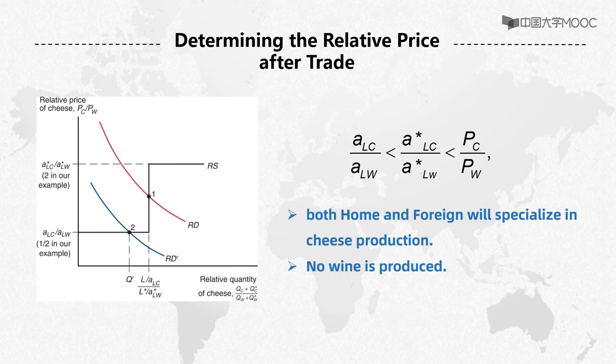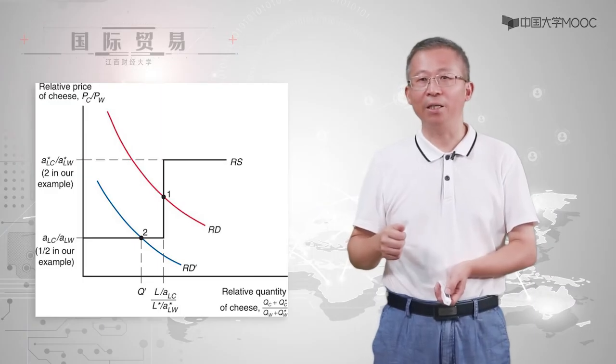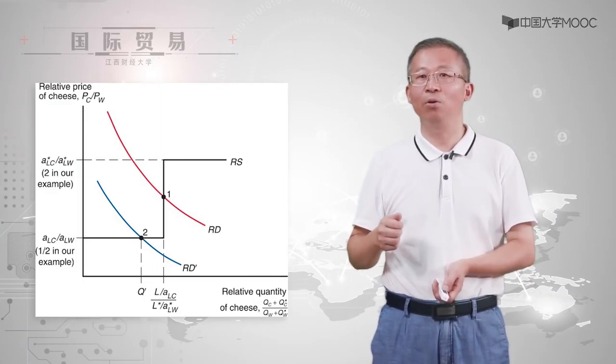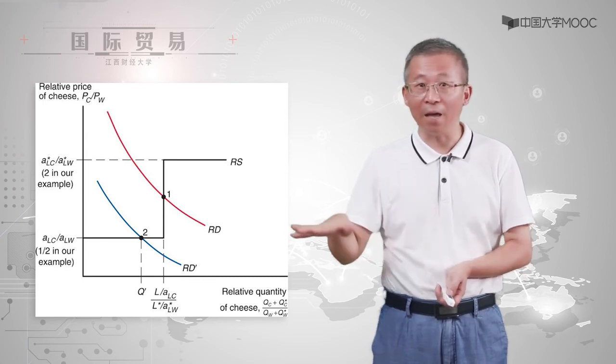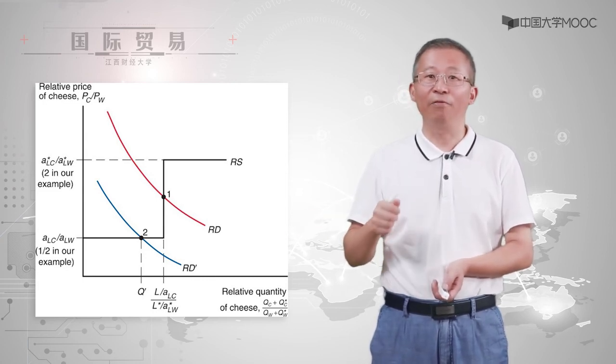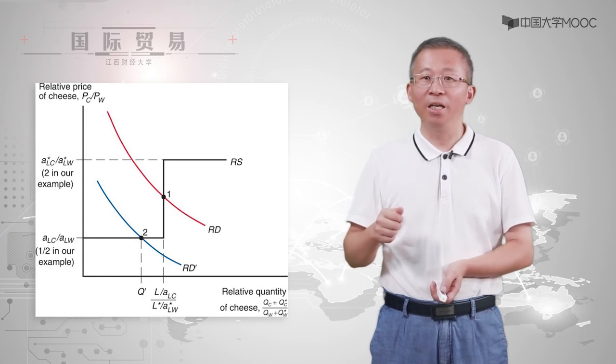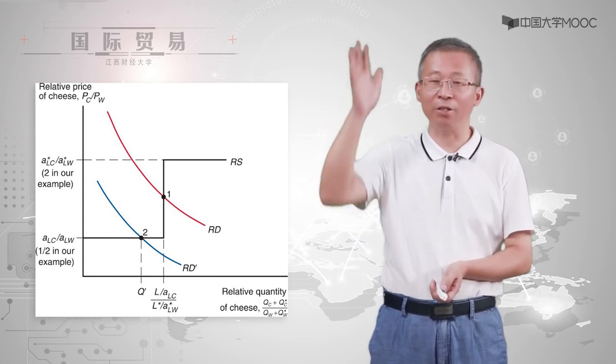There will be no wine production, so the relative supply of cheese will become infinite. We can find the funny shape of the relative supply curve. It is a step with flat sections linked by vertical sections.